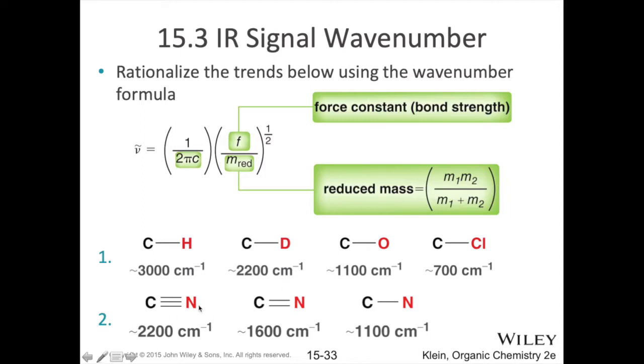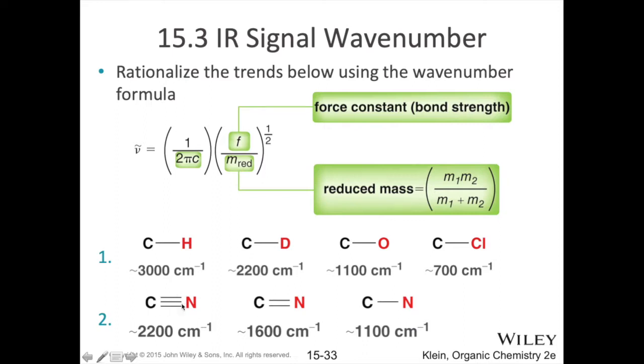Now, let's pick two atoms and change the strength of the bond between them. If we go from a triple bond between carbon and nitrogen to a double bond to a single bond, remember all three of these bonds have a sigma bond between carbon and nitrogen. The only difference is that we have extra pi bonds as we go to a double or triple bond.